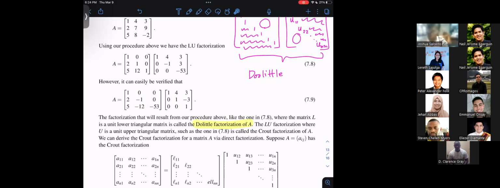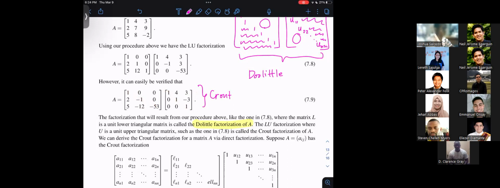Well, we have a unit upper triangular matrix, with ones on the main diagonal of the upper triangular matrix, whereas the Doolittle form has non-unit diagonal entries. So this is what we call the Crout LU factorization.